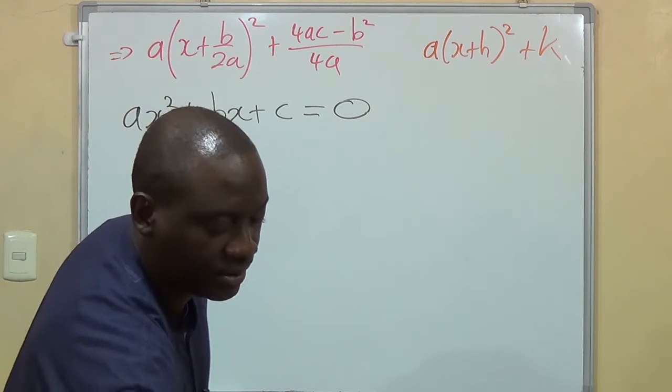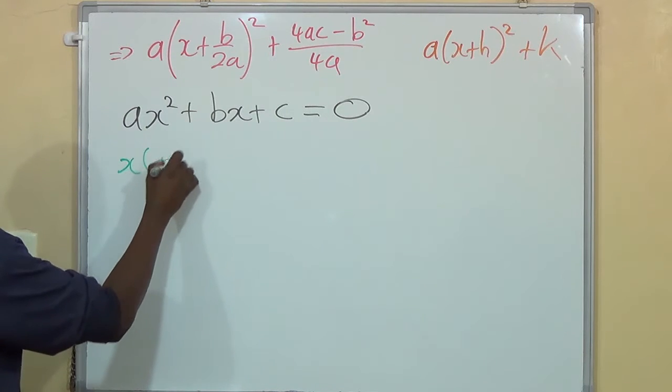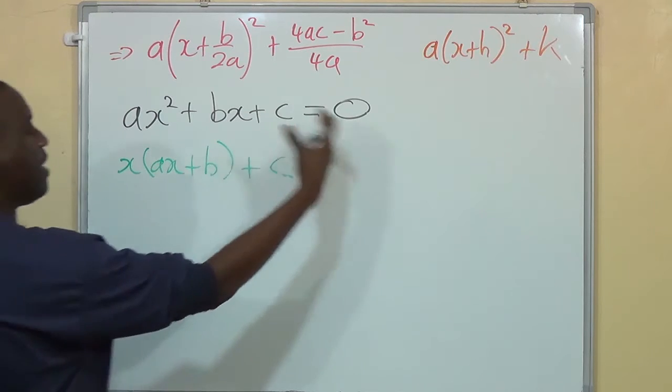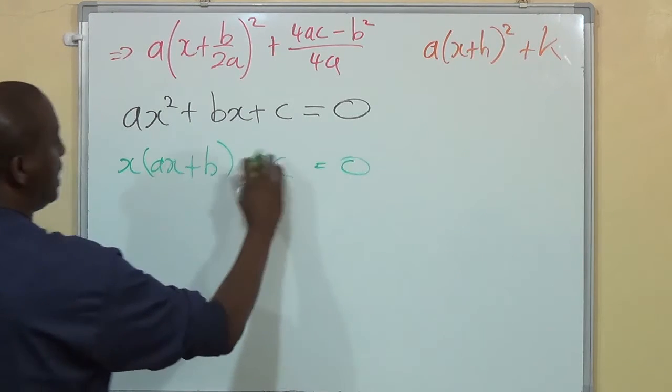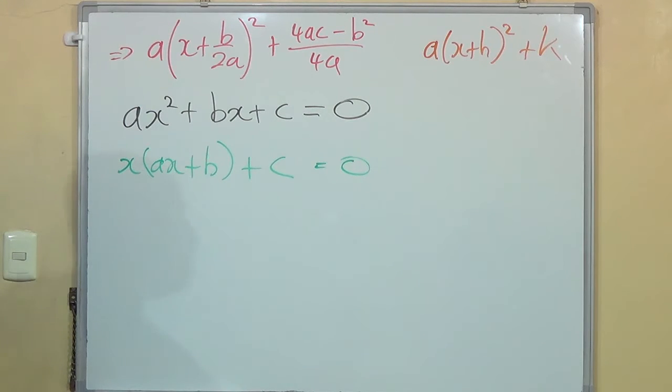For example, there are people that would try this. They would say x into ax plus b plus c equals 0, and then they'll carry the c across, and then they'll divide by x. But that wouldn't make any sense, because you have an x here and you have an x inside there.